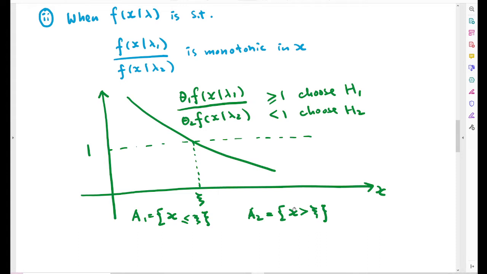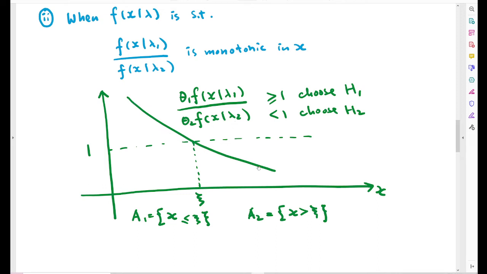When will this happen? This happens when the likelihood function has some kind of monotonicity. In particular, what I mean is f(x | lambda 1) over f(x | lambda 2) is monotonic in x. Here I illustrate a situation where it is monotonically decreasing. I also plot this graph, theta 1 times f(x | lambda 1) over theta 2 times f(x | lambda 2).